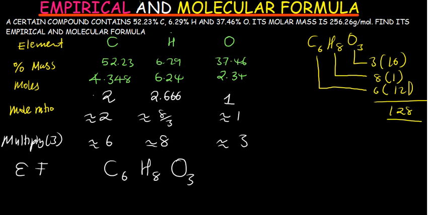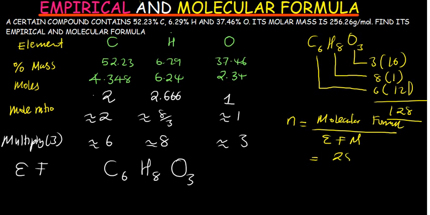And then what I'm going to do is find N. N is given as the molecular formula mass divided by the empirical formula mass. The molecular formula mass is given in the question. That is 256.26, divided by the empirical formula mass, the same mass that I've calculated after finding the empirical formula. That's the empirical formula mass, 128.